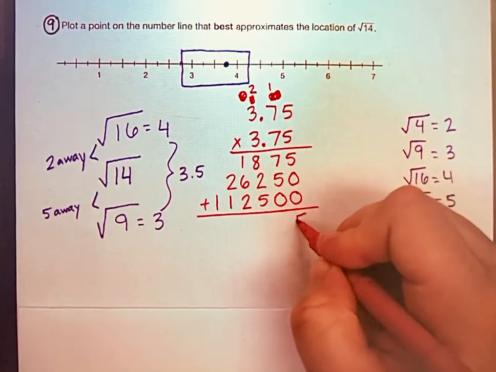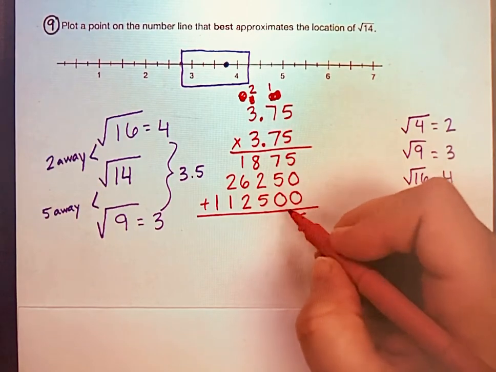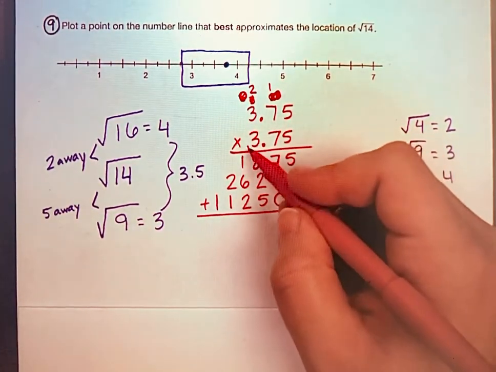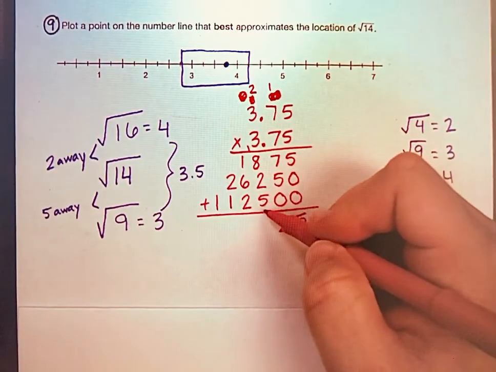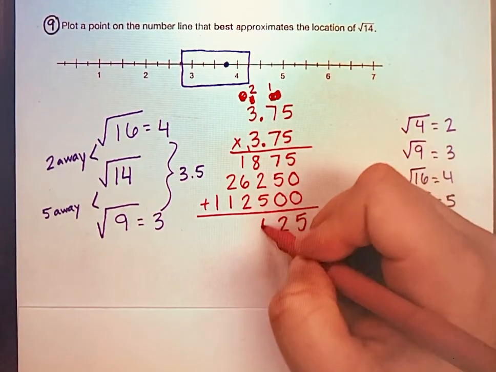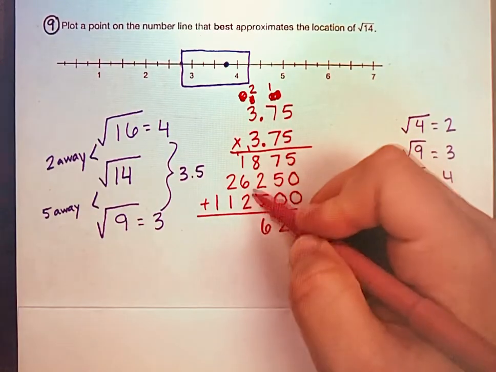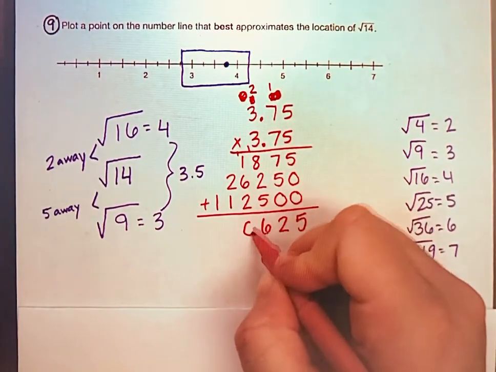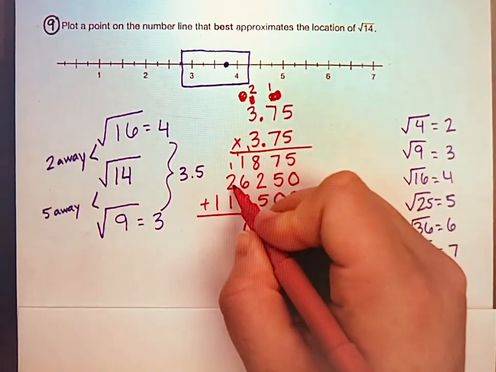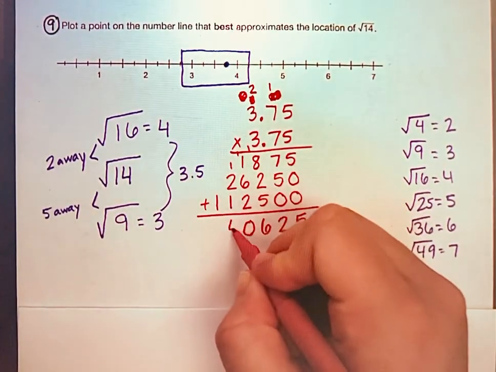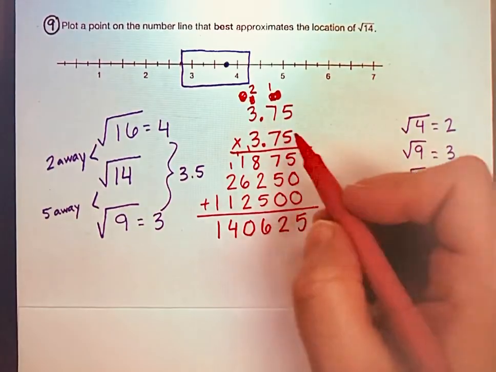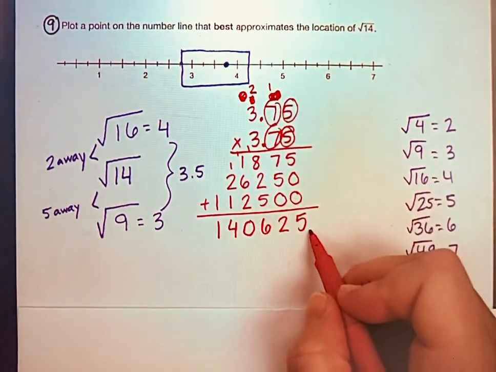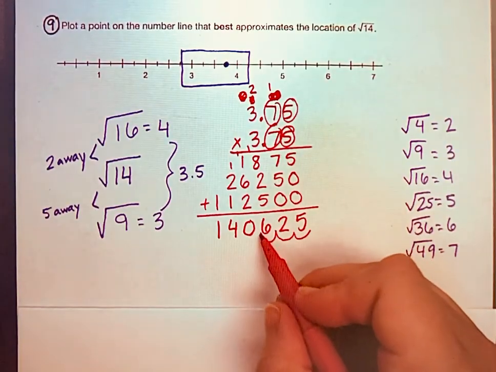That's going to be 5, that's 12, it's going to be 9, 10, 11, 11 plus 5 is 16, carry my 1, 6, 7, 8, 9, 10, 2, 3, 4, and I have 4 decimal places here, so I need to move over 1, 2, 3, 4.